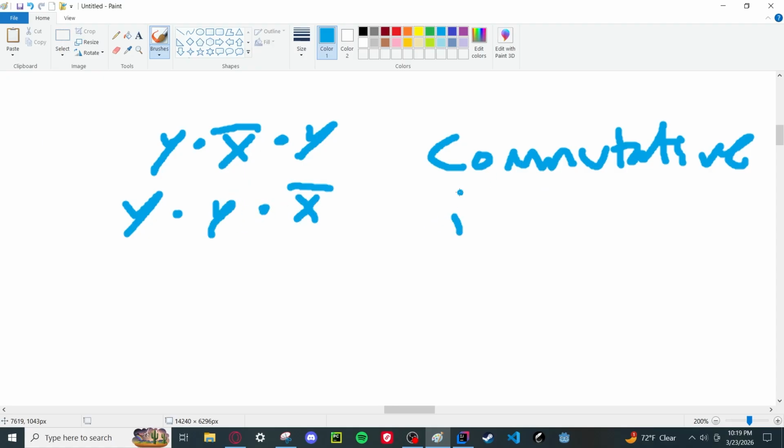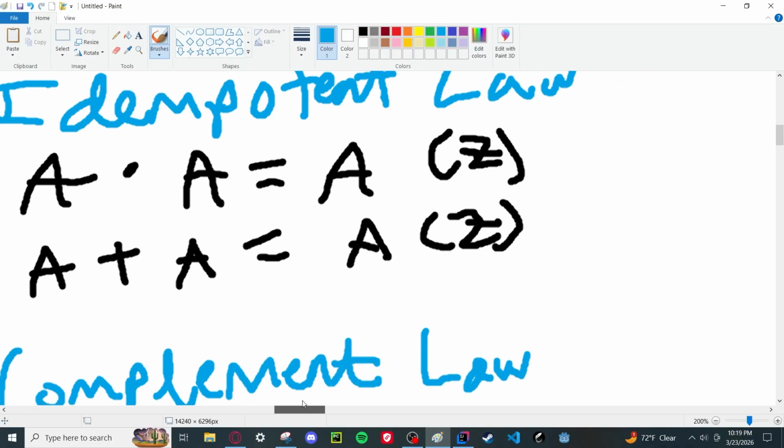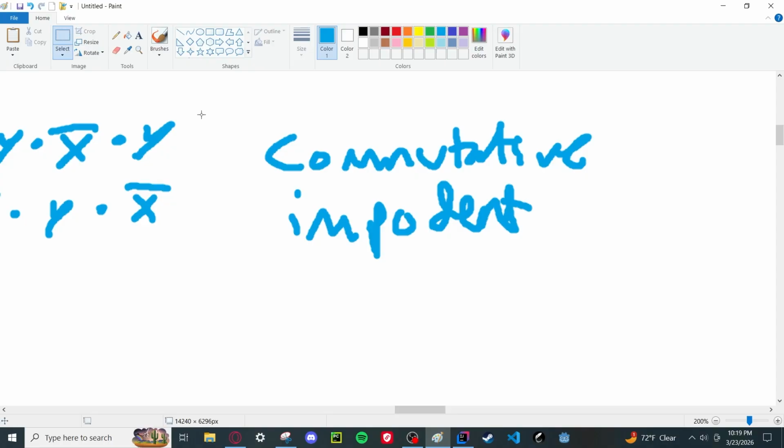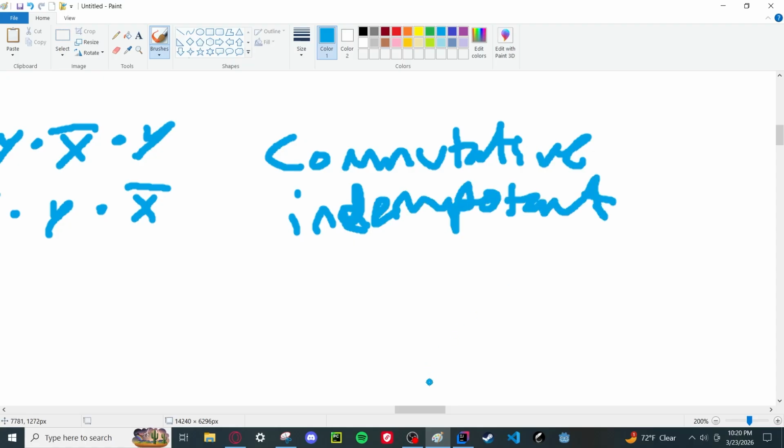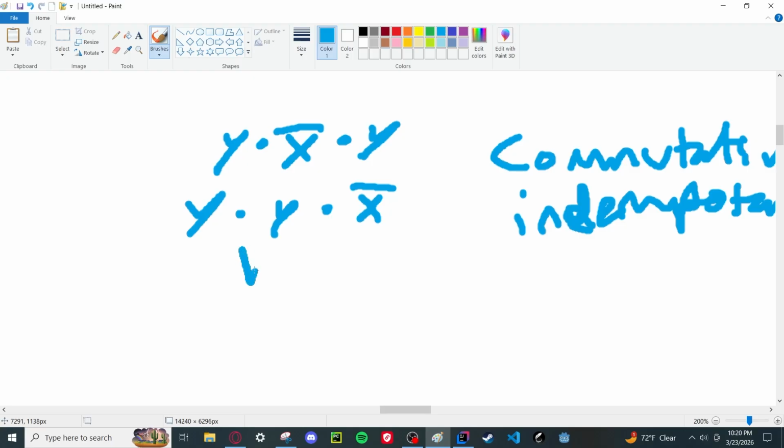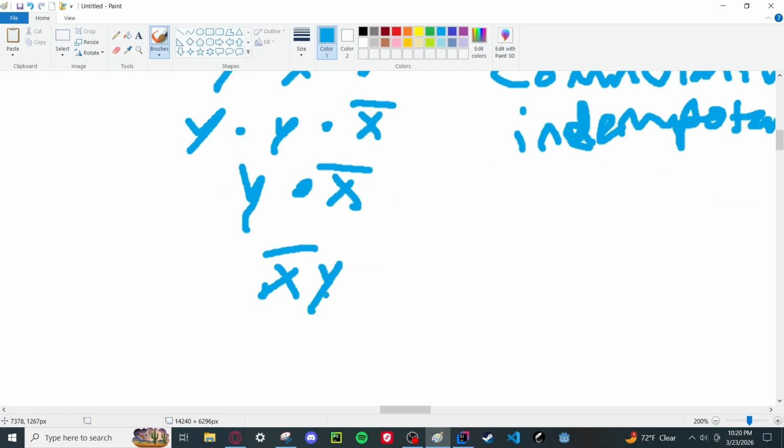And now you can use the idempotent law, or whatever it's called. It's always on the tip of my tongue type of law, but if you have multiple choice, you'll be fine. Idempotent, right? So now you can use this law to make y just become y times x naught. So you can write that as x naught y.